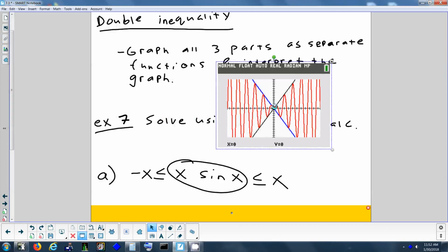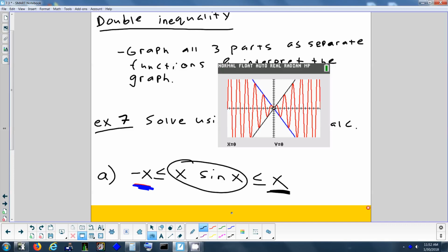So we are looking for where the graph in red has to be above the graph in blue. So let's make this in color so we can kind of see it. Blue. So that's the graph in blue. That's the graph in black.